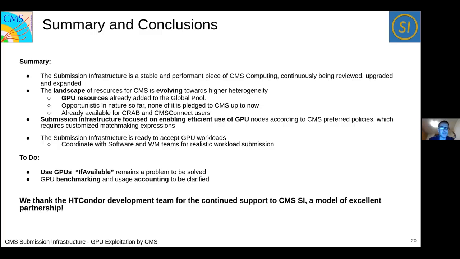There are a couple of to-dos to assess, which are benchmarking and the use of GPU if available. And of course, we thank the HTCondor development team for the continuous support they give to us and to our group. And thanks. That's all.